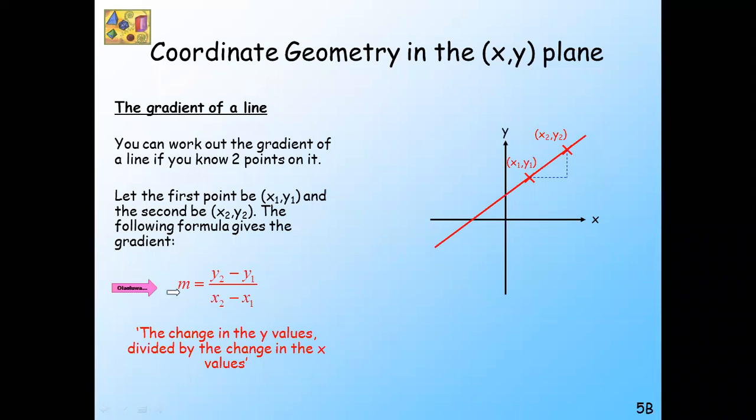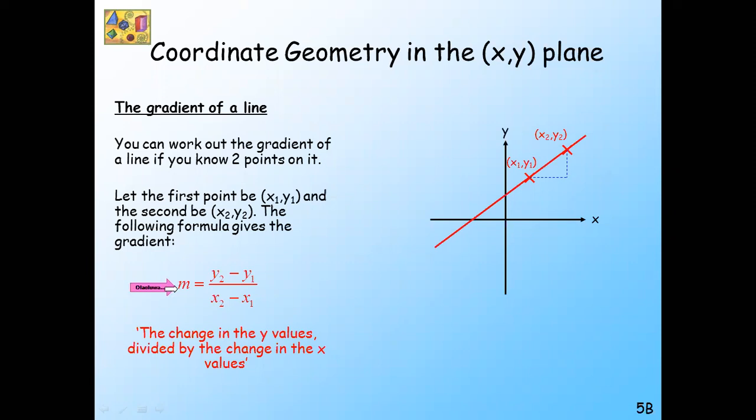Now, the letter m you're seeing right there is the representation of our gradient or slope. We use the letter m to represent gradient or slope. We could also have spelled out gradient here instead of just writing m. So take note that m represents the gradient.